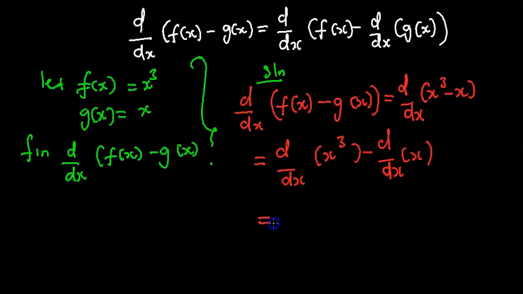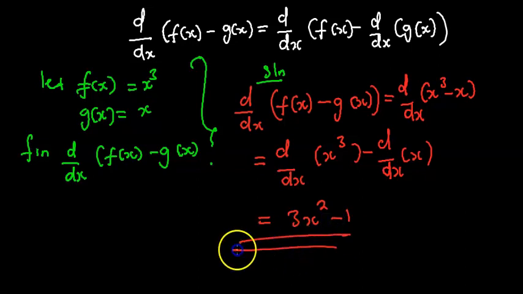In this case, this is simply going to be 3x to the power of 2 minus 1. And this is it for this problem.